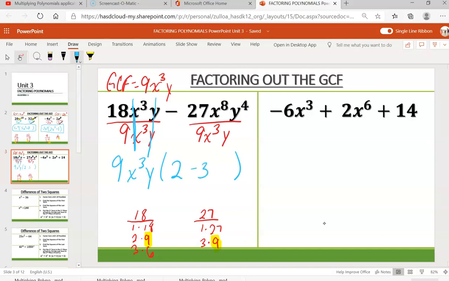And then you have x8 over x3. 8 minus 3 is 5. And be careful here. You might want to add a 1 so you don't forget to subtract 4 minus 1. So you keep your y, but you have 4 minus 1, which will give you 3. And that is your answer.